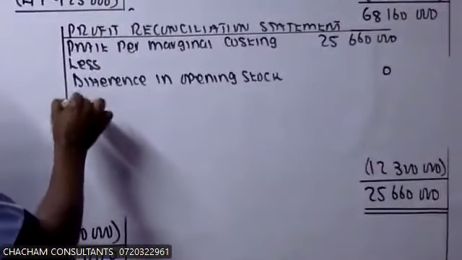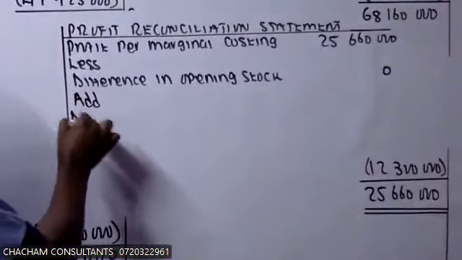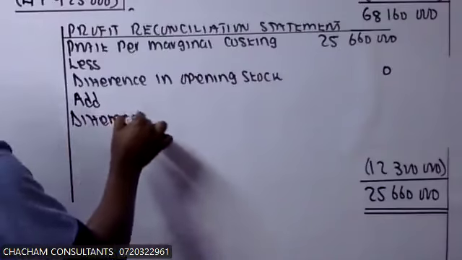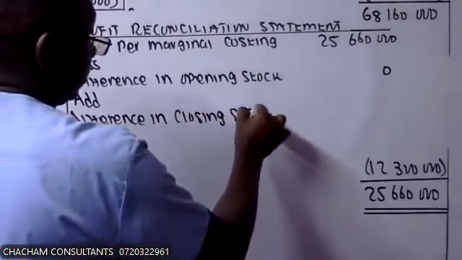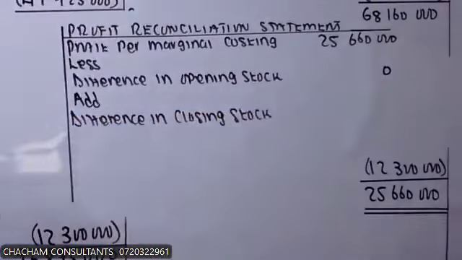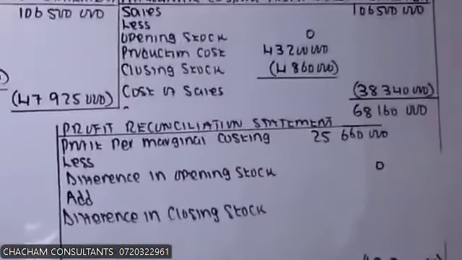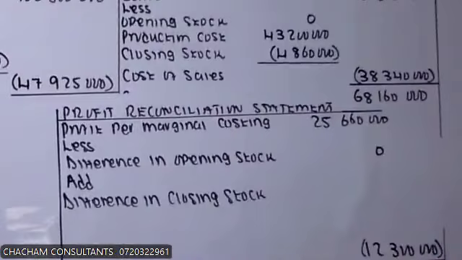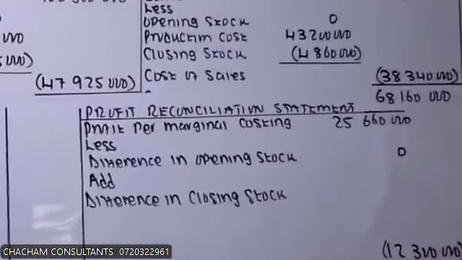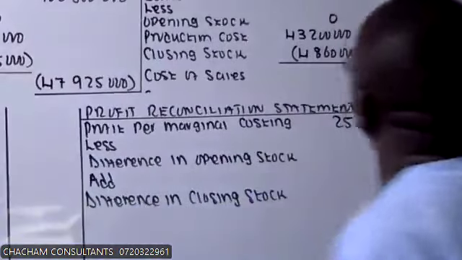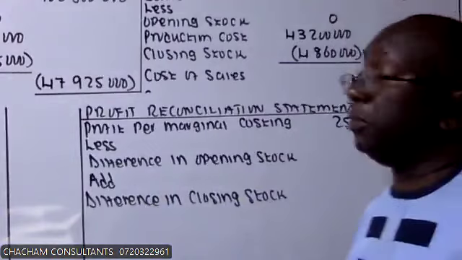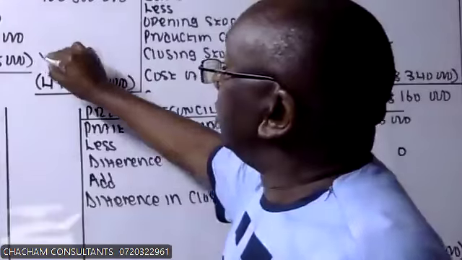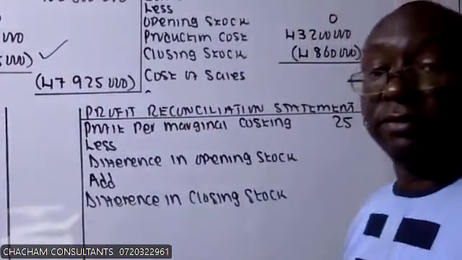Then you add difference in closing stocks. So to get this, you realize that these ones used 4860 and the absorption people used 6075.